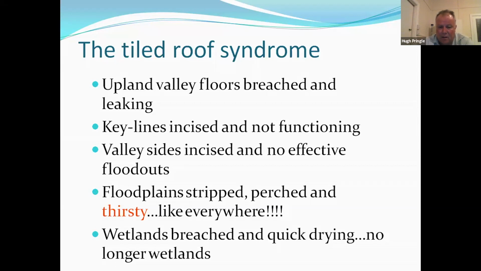The whole catchment starts acting like a hill slope, and all the jewels in the crown, the little wetlands right from the base of the hills all the way to the flood and into the floodplains are drying, and either thickets or just scalded salty soil.